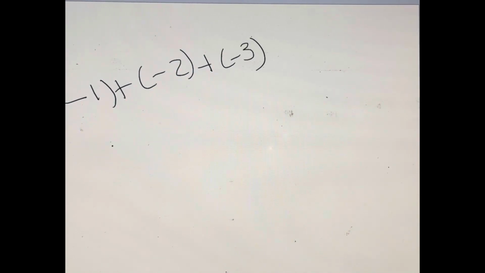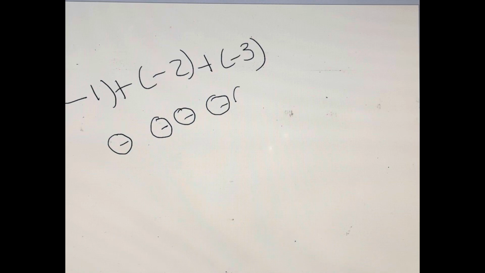So for minus 1, one token will be taken with a negative sign. Minus 2 means 2 negative tokens, then 3 more negative tokens. So in total how many negative tokens are there? 1, 2, 3, 4, 5, 6. And they are all negative, so the answer is minus 6.